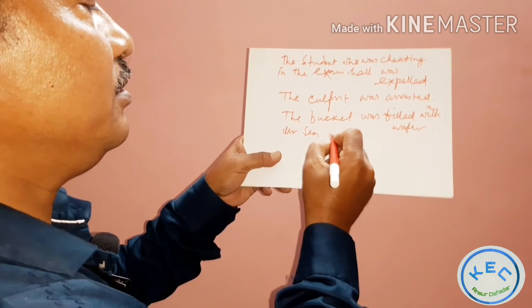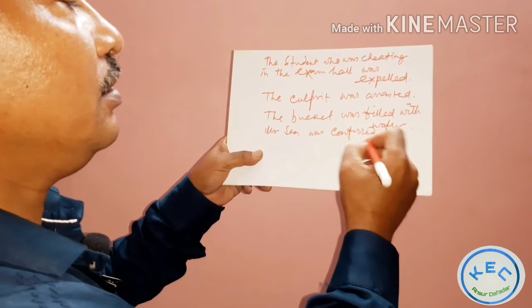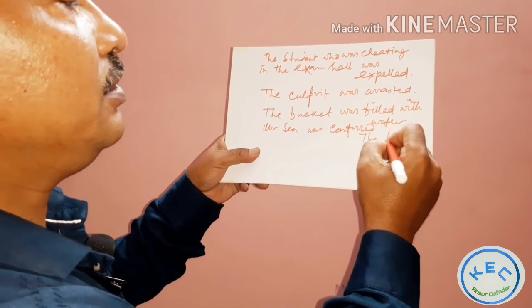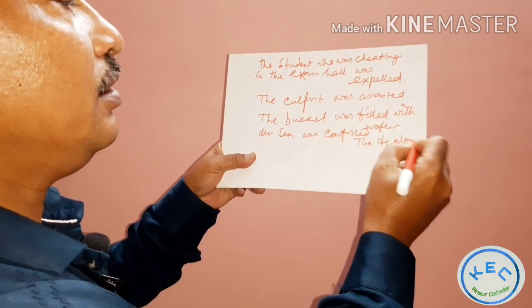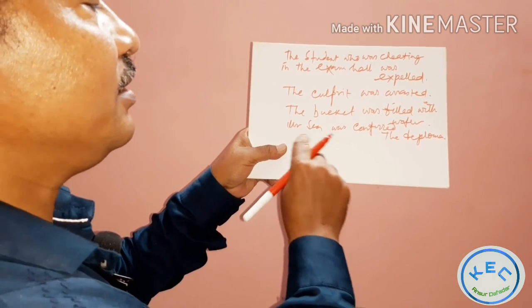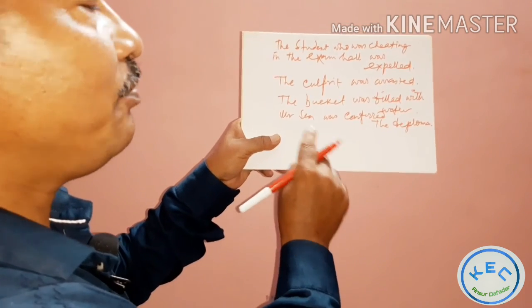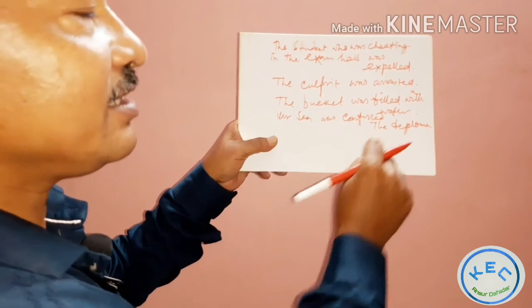Mr. Sen was conferred the diploma. Here the receiver is Mr. Sen. That's why we put a stress on Mr. Sen. The importance of Mr. Sen is here in the sentence.